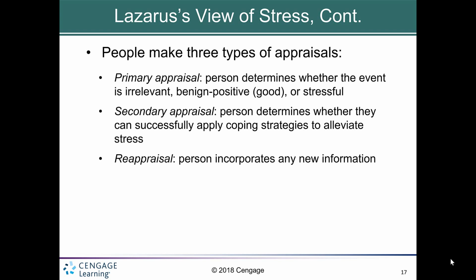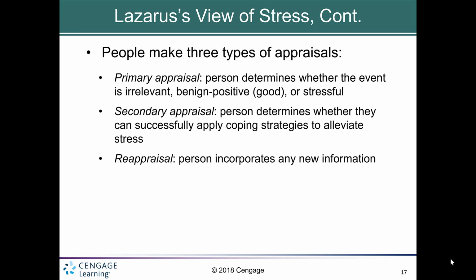Lazarus and Folkman recognize that people make three kinds of appraisals: a primary appraisal, a secondary appraisal, and a reappraisal. Primary appraisal is one's initial judgment of an event, which may be seen as 1. Potentially harmful, 2. Threatening or damaging to self-esteem, or 3. Personally challenging.